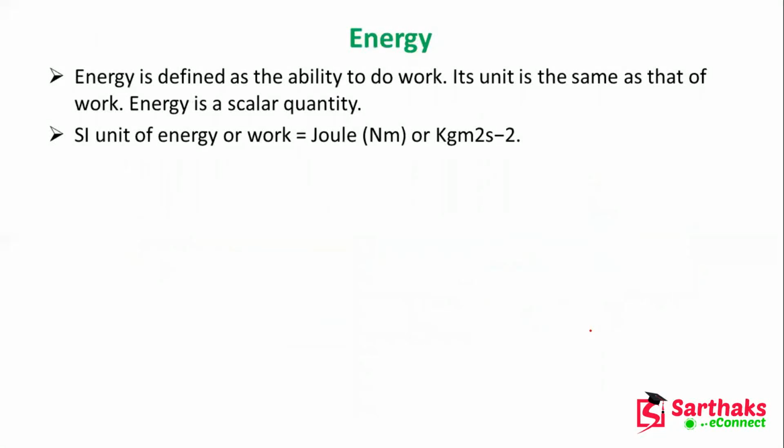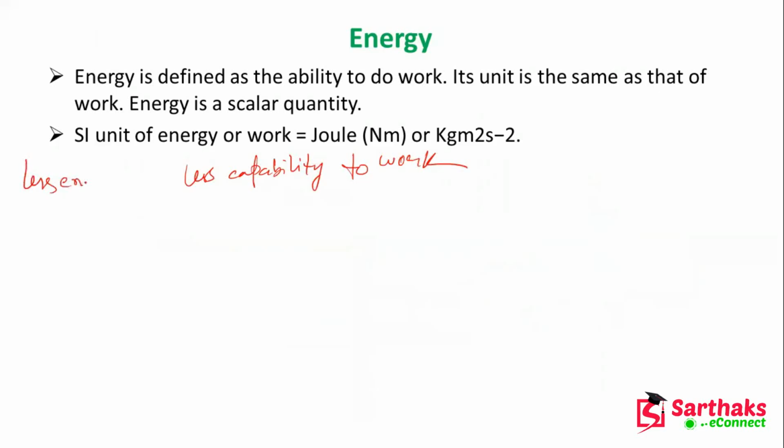Now the energy. I have told all those things. Now I will define what exactly the energy is. Energy means the ability to work. If you have less energy, you have less capability to work, right?